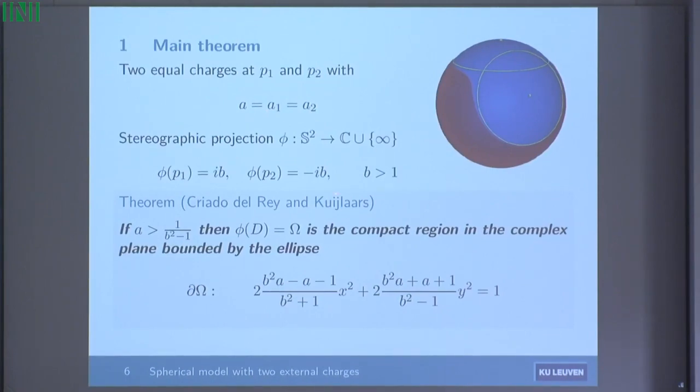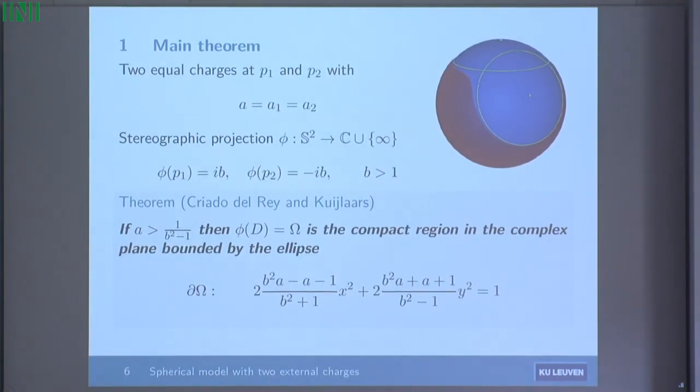And then we have a first somewhat surprising result. We can determine the droplet, and there's a nice description if you project it onto the plane by means of stereographic projection. And let's do it in such a way that these points are mapped to purely imaginary points, ib and minus ib, and b should be bigger than 1.